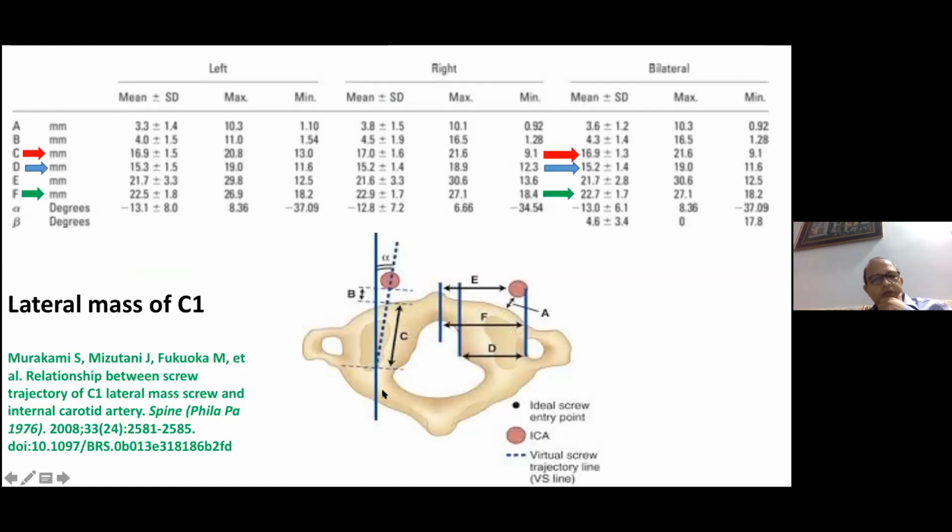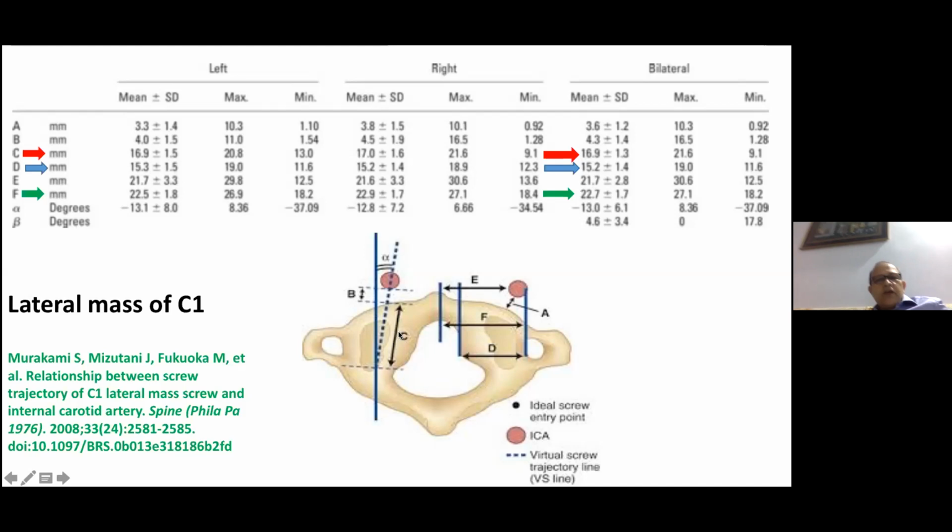Even if the screw goes beyond this posteriorly, there is no harm, except that in the superior portion of the posterior lamina of C1, there may be the vertebral artery. So you direct your screw inferiorly and medially. In that case, there is no problem.